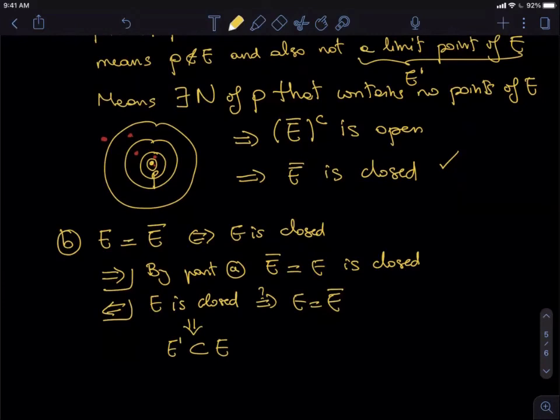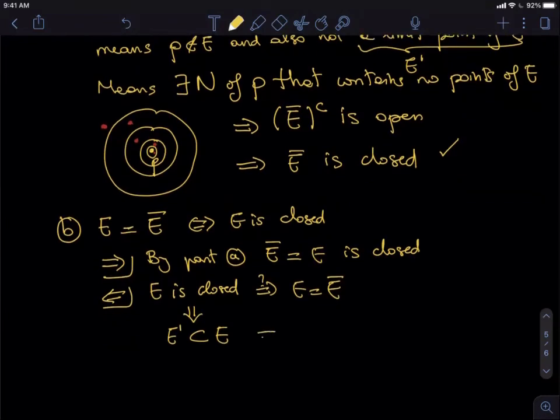E is closed if every limit point of E is a point of E. That's exactly what I'm writing here with E prime contained in E. But then that's it, because notice that the closure is E union E prime, but because E prime is contained in E, the union is E.